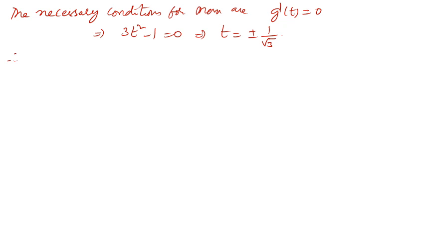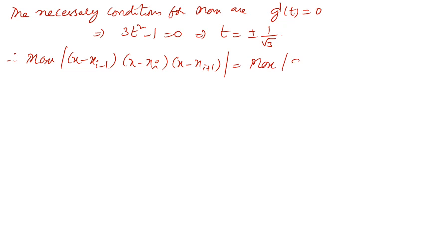Now what is the maximum of x minus xi minus 1, x minus xi, x minus xi plus 1? This is the product of these three functions, the maximum of g of t, isn't it? That is equal to the maximum of h cube outside, times t into t square minus 1.